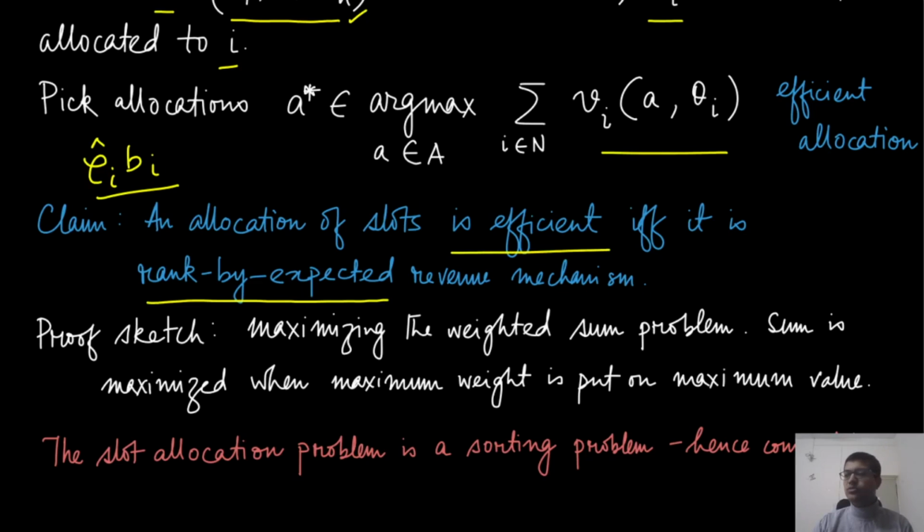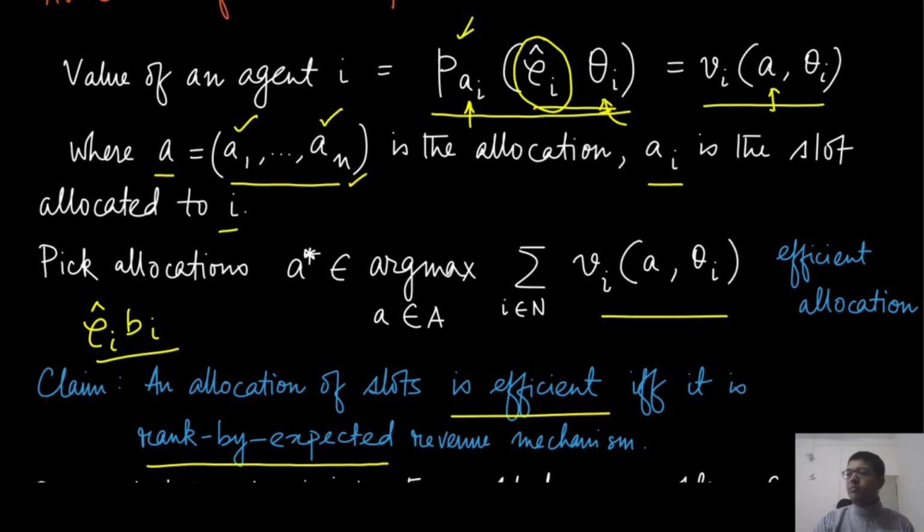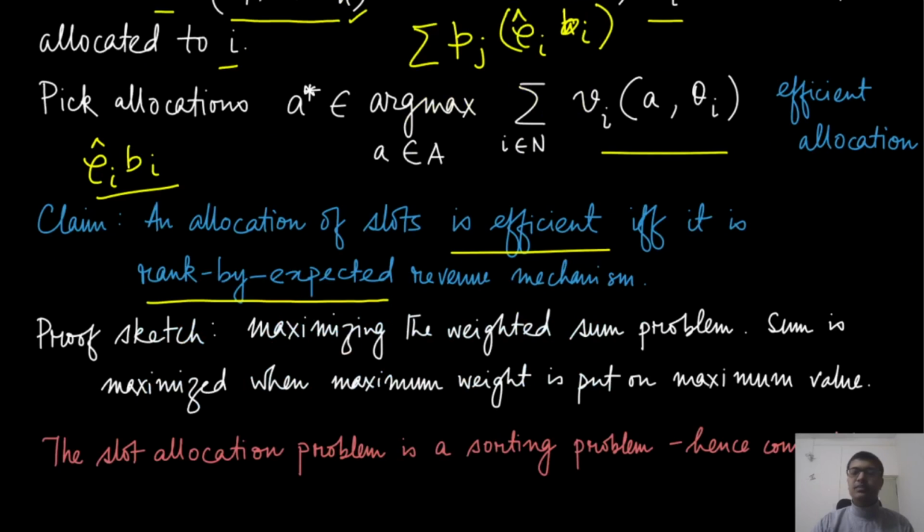What you are trying to do is essentially you have a multiplier. So you have a position effect, P of J, and you are multiplying this with rho I hat comma BI of the player, and you are taking the sum of all these things. So this is the expected revenue that you are going to earn over all the slots. And we also know that the position effect decreases as the slots go from 1 to m. So therefore it is essentially a problem of maximizing a weighted sum.